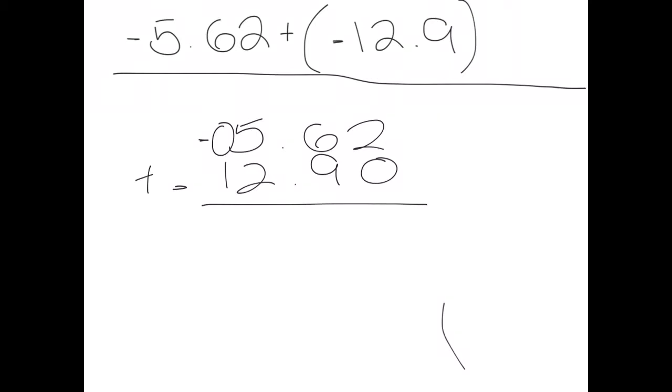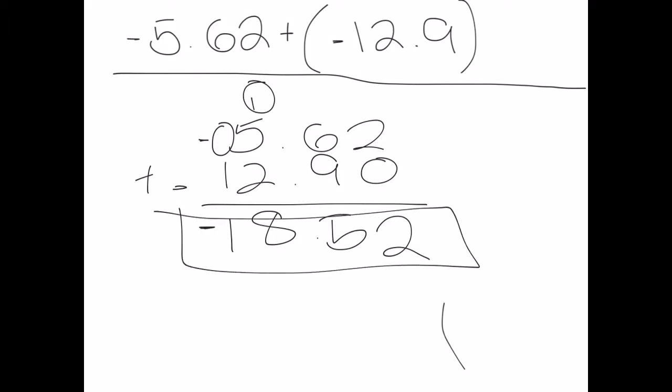So after this step, you just add as normal. There's a 2, 6 plus 9 is 15, add the 1, 5 plus 2 plus 1 is 8, and 0 plus 1 is 1. And we'll keep the sign, and there is our answer.